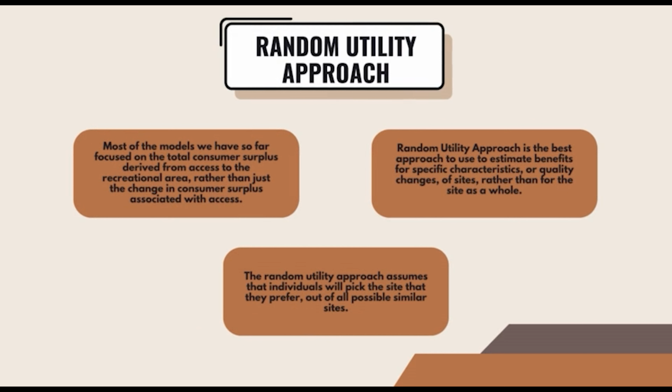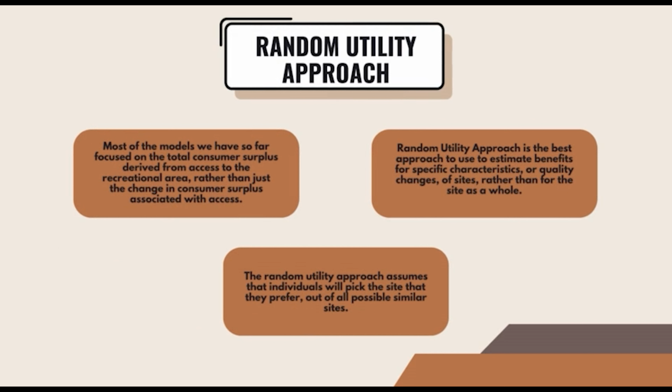It is the best approach to use to estimate benefits for specific characteristics or quality changes of sites rather than for the site as a whole. It is also the most appropriate approach when there are many substitute sites. The random utility approach assumes that individuals will pick the site that they prefer out of all possible similar sites.